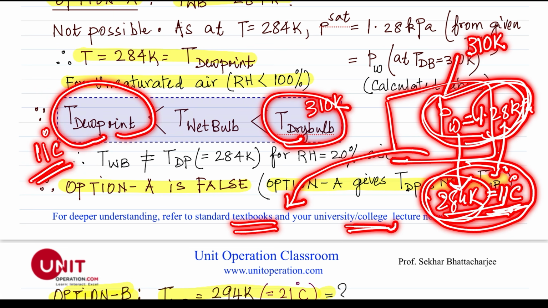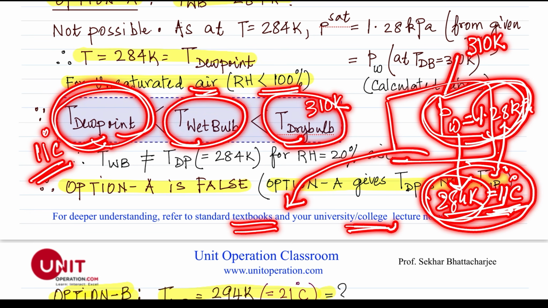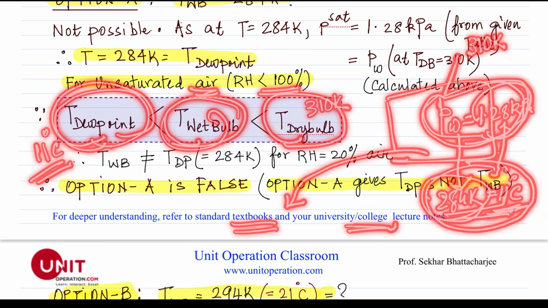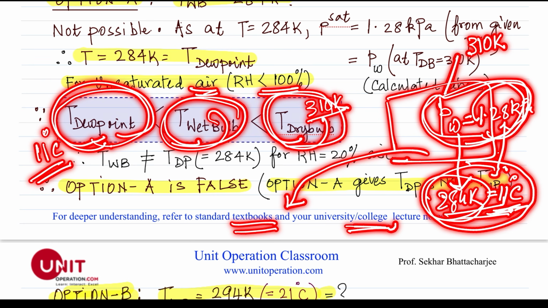Now, for any relative humidity less than 100%, we'll see that the dew point temperature would be lower than the wet bulb temperature, and this wet bulb temperature would be lower than the dry bulb temperature. This 310 Kelvin is okay, and this is 11 degrees Celsius, which is equal to 284 Kelvin. So the wet bulb temperature cannot be 284 Kelvin.